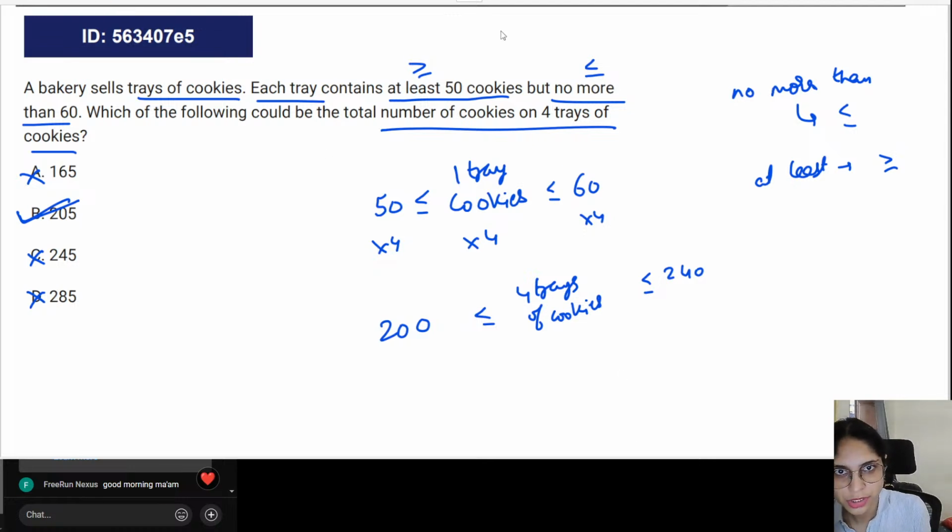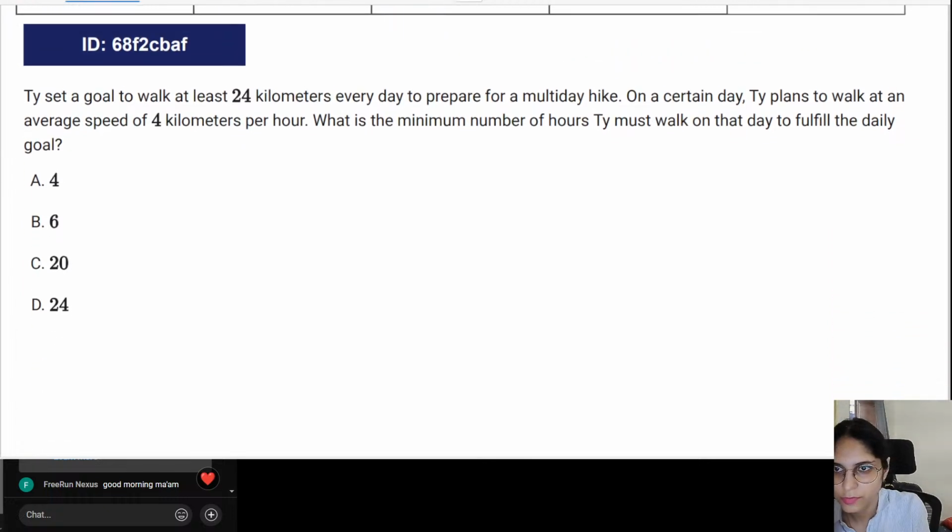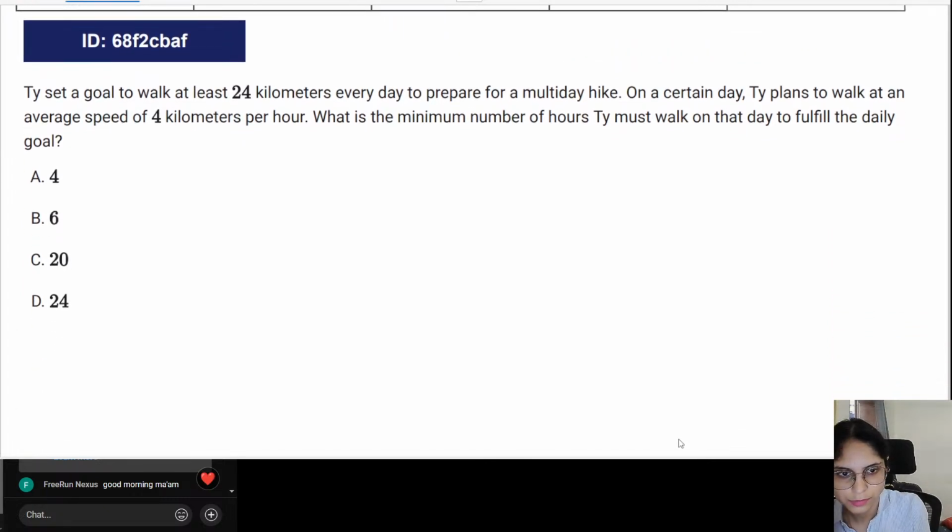Next is question number 15. Ty set a goal to walk at least 24 kilometers every day to prepare for a multi-day hike.